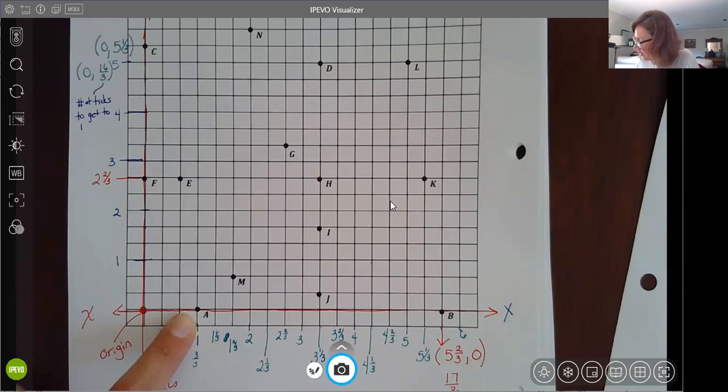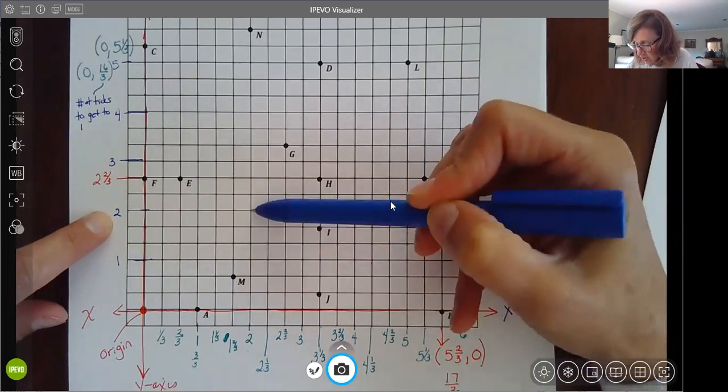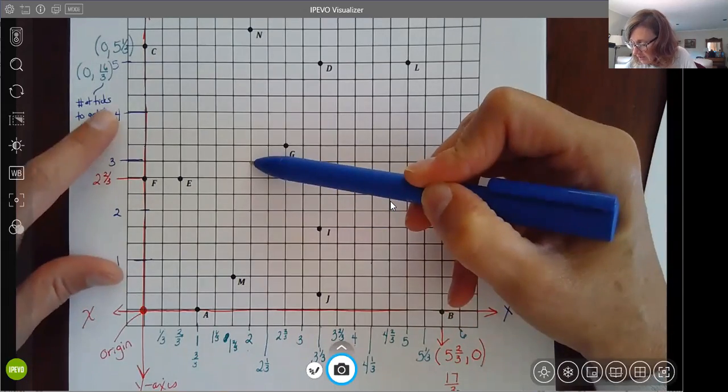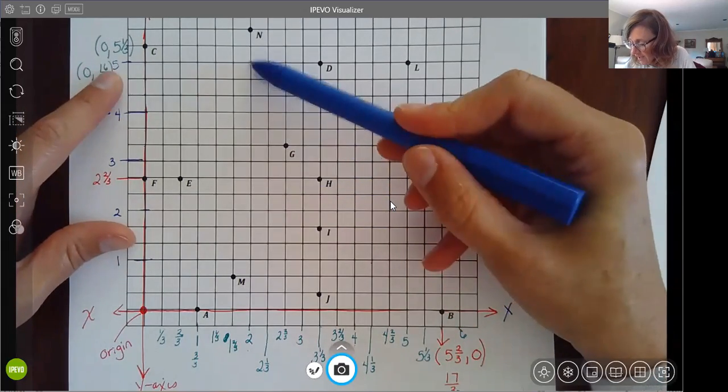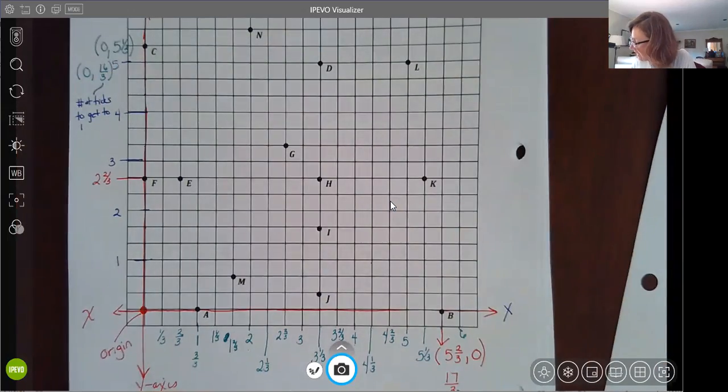And then for this one, I go to the right 2, and then I go all the way up to 5 2/3. So there's 1, 2, 3, 4, 5, 1/3, 2/3. So that looks like that is at the point N. Now this one I thought was tricky. Which point has an equal X coordinate and Y coordinate?